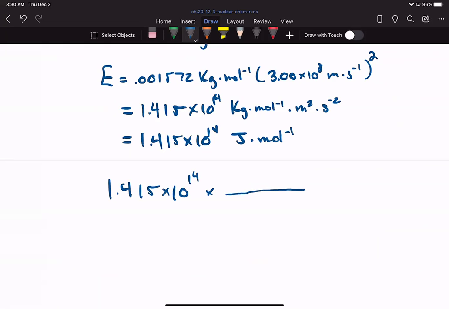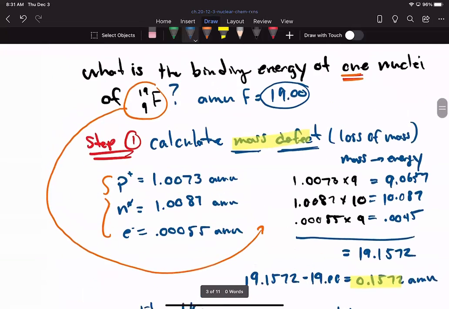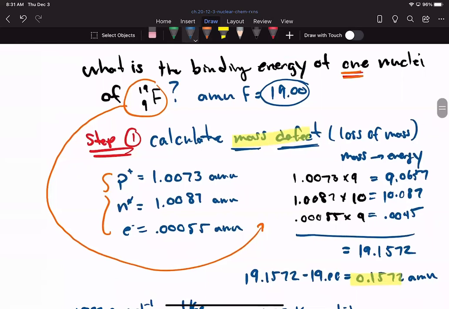Not molar mass, because if we use molar mass, then we're going to be in joules per gram. I just simply want to get rid of moles, right? Because I need to get nuclei. What if I ask this? How many atoms in a mole of something? How many molecules in a mole of something? Avogadro's, maybe?